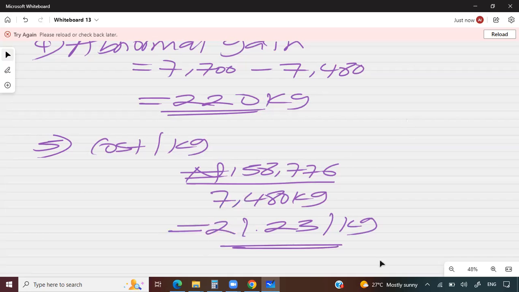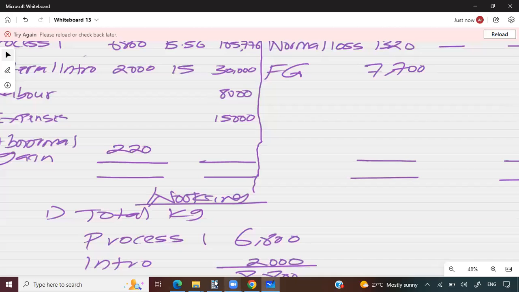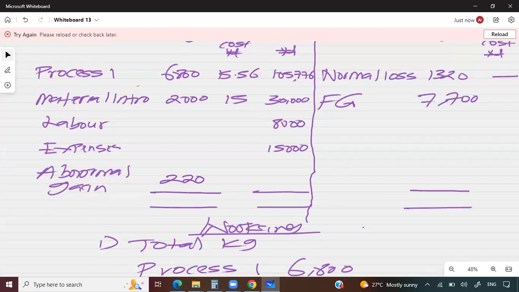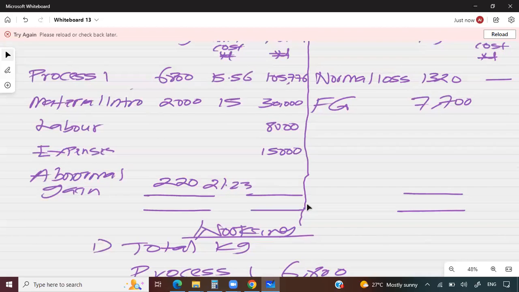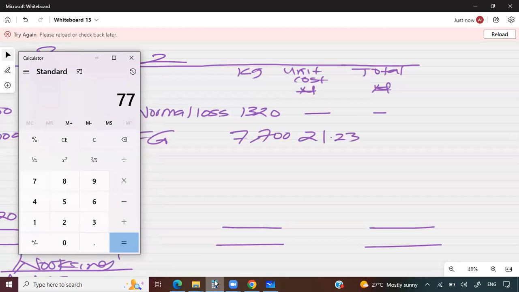So we'll go here now and put 21.23. Here, 21.23. You also come here and say 21.23. So you say 7,700 multiplied by 21.23. Then we have 163.